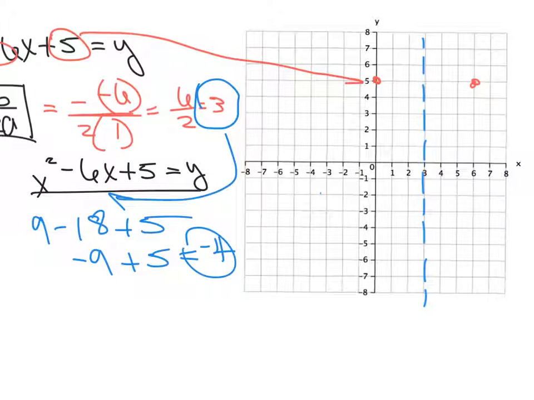So at 1, 2, 3, 4, there's the point. Now I have 3 points, and I can draw my parabola, and I'm done. That is a nice way of drawing that using the method I just showed you.